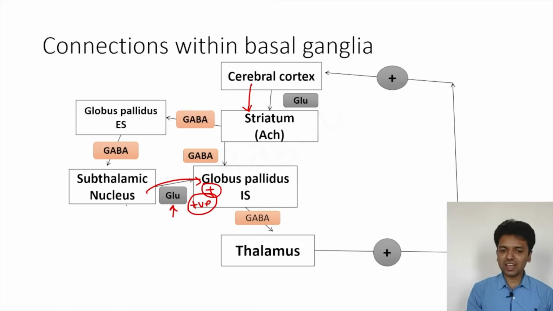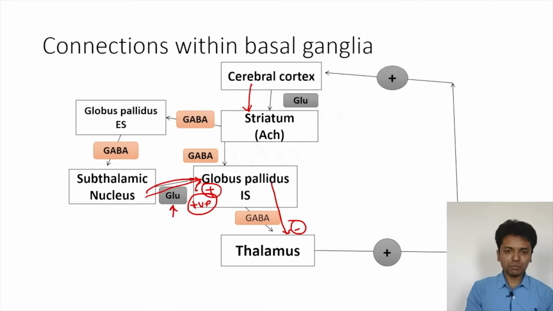It is excitatory. So what was the influence of globus pallidus internal segment on the thalamus? It is inhibitory. So that means subthalamic nucleus is exciting the inhibition of globus pallidus internal segment on the thalamus.